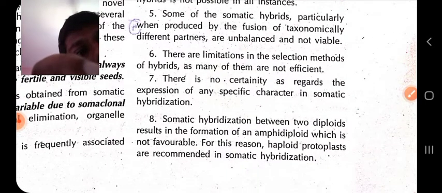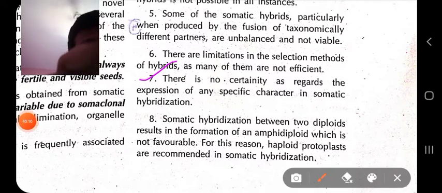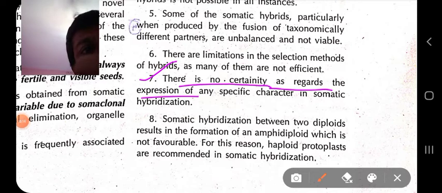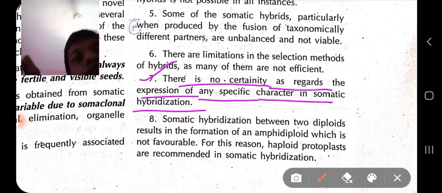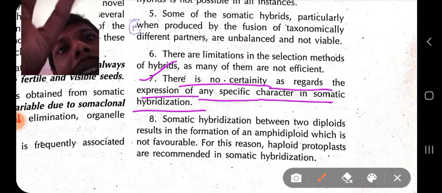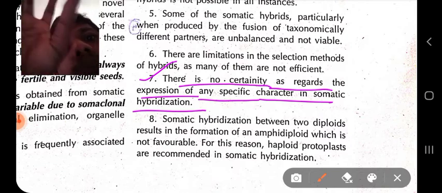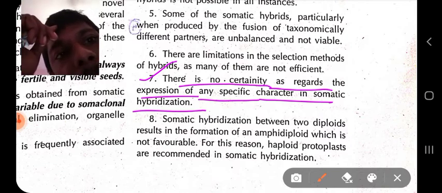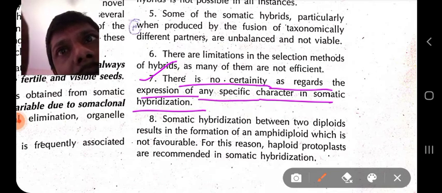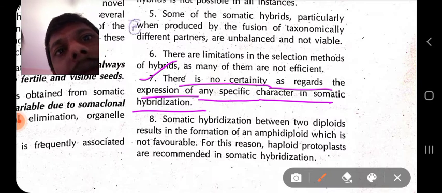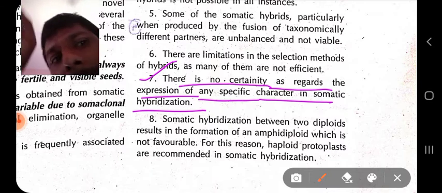Next, point number 7 is very well said: there is no certainty as regards the expression of any specific characters in somatic hybridization. You will not be able to say that you will introduce this character through somatic hybridization. The character expressed by that gene may get lost due to somatic incompatibility.